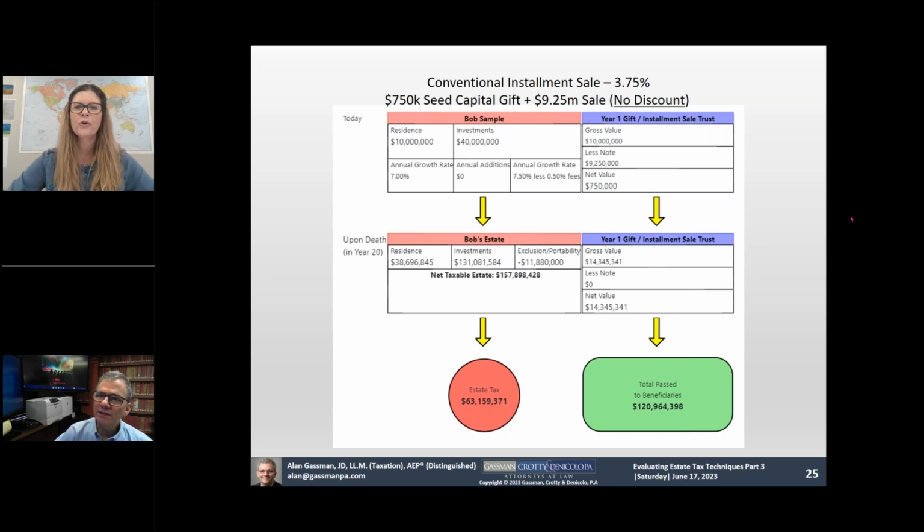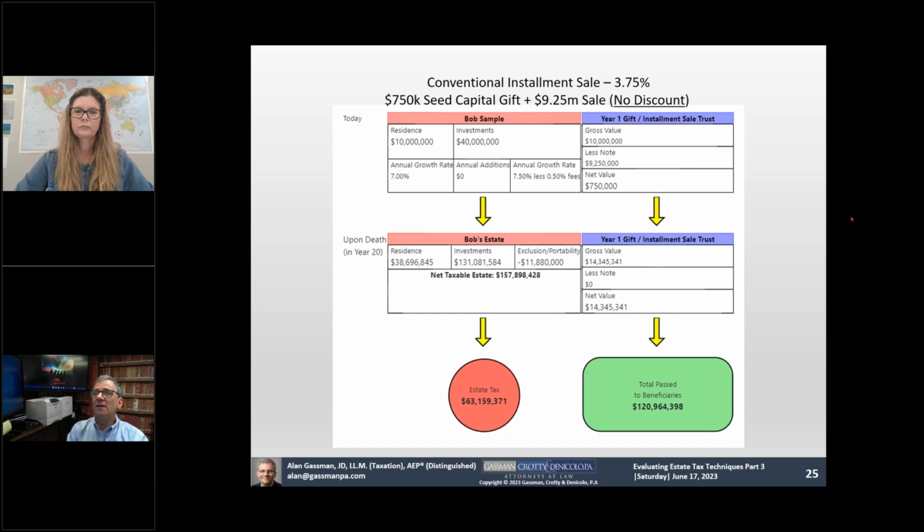Okay, so in this situation, he sets up an irrevocable trust, just like the gifting trust. It's the same trust, and he gives a $750,000 gift. He only uses $750,000 of his $12,920,000 exemption, and then he transfers $9,250,000 in exchange for a long-term note at 3.69% interest, which is the lowest rate you could use right now.